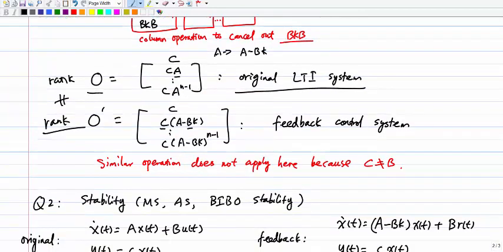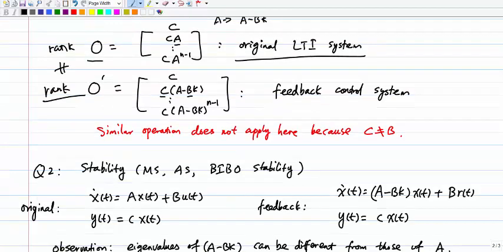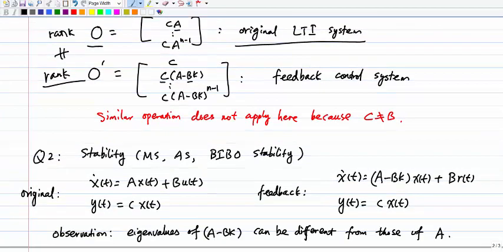The question number 2 is, how about stability? We talked about controllability and observability. Does the state feedback change the stability of the original system? We do the same analysis. Let's say the original system is given by x dot t equals A times x t plus B u t, and y t equals C x t. This is the original linear time invariant system.